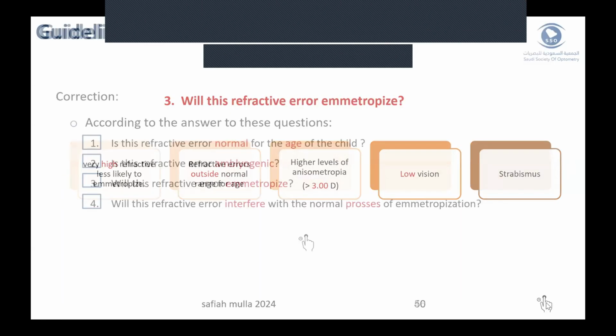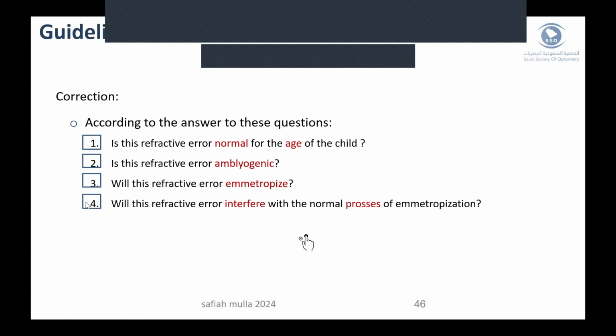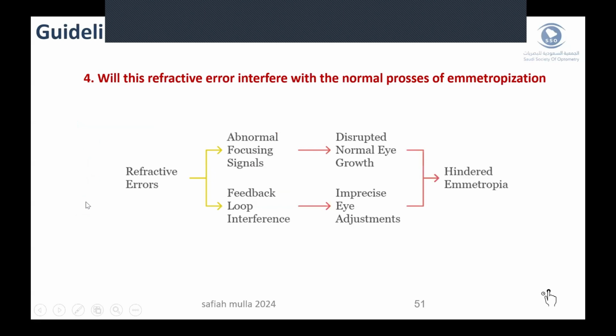You should ask yourself, will this refractive error interfere with the normal process of emmetropization? Yes, it will. If the refractive error is at a significant level, it's going to affect the abnormal focusing signals that go back to the brain, which tell the brain to elongate the eye or shorten the eye.